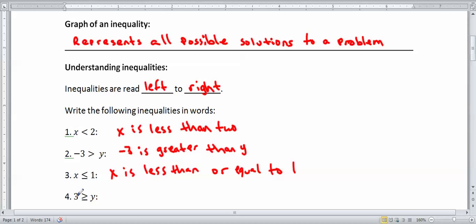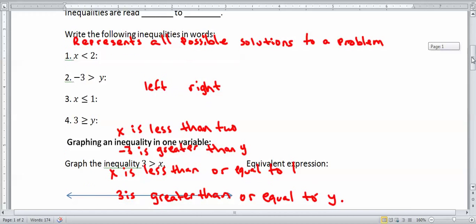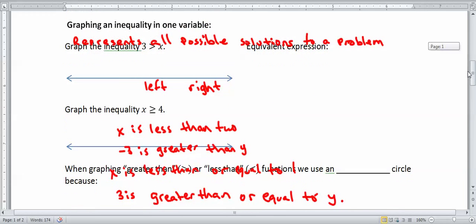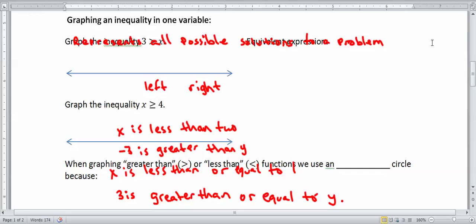Okay, so number 4, 3 is, well, it's open toward the 3, so it's greater than. And that little line implies that it can also be equal to, so 3 is greater than or equal to y. Okay, so that's the basics of how to read inequalities. Now we'll have to be able to graph them.